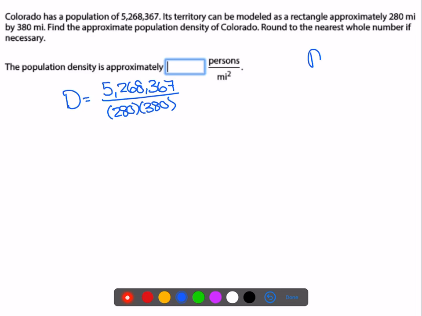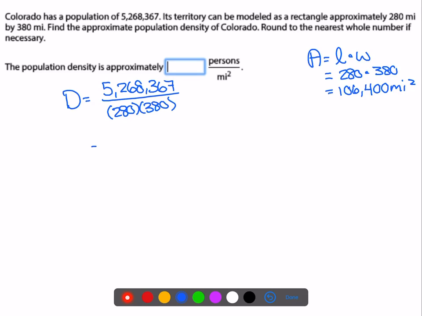And since I know that it is a rectangle, the area of a rectangle is length times width. So that's where we're getting 280 times 380. Well, if I multiply those out, let's go ahead and do that. 280 times 380 will give us 106,400 miles squared.